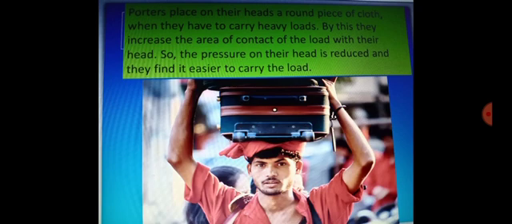And in order to reduce that, they put a round piece of cloth around their head, and thus the luggage applies pressure over a larger area of the head. Therefore, as the area of contact increases, the pressure decreases, therefore less pain in carrying the luggage.